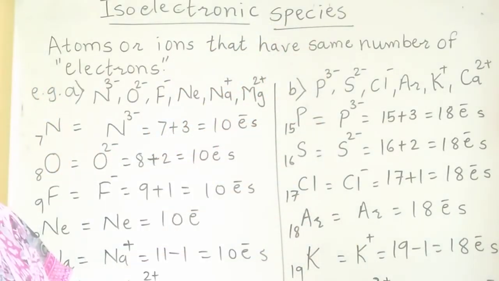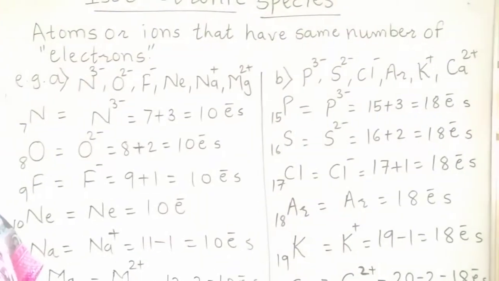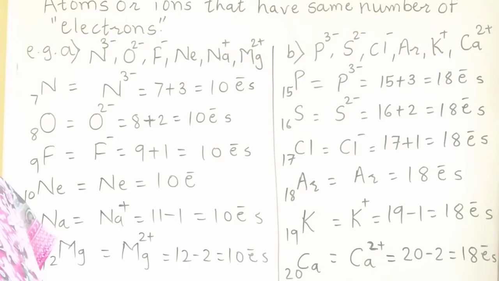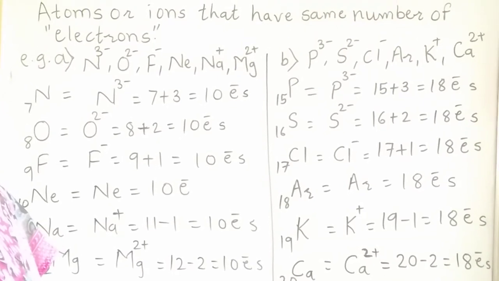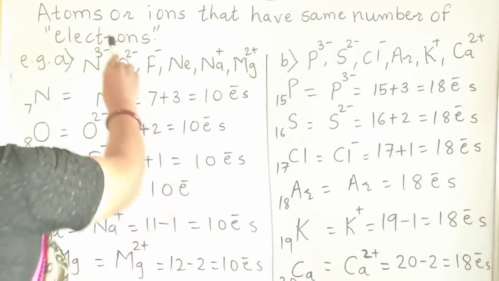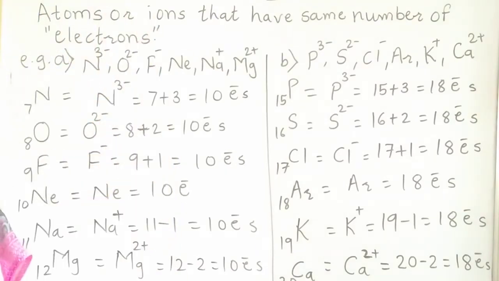Here, the atoms or ions which have the same number of electrons are known as isoelectronic species. These can be positive or negative ions, or neutral atoms also. We count positive ions, negative ions and neutral atoms, but they must have the same number of electrons. This is the condition for identifying isoelectronic species.